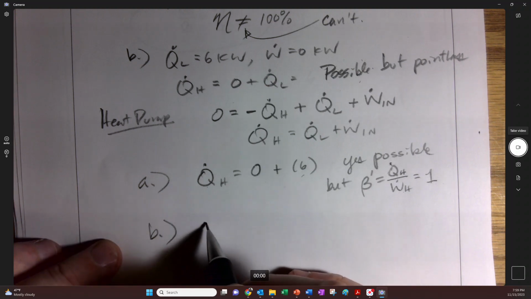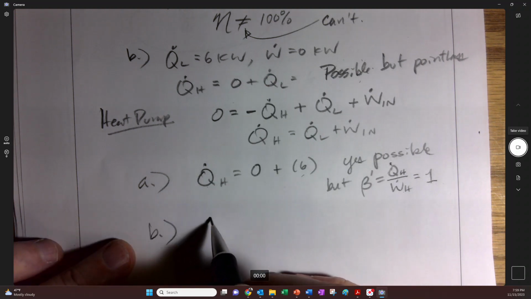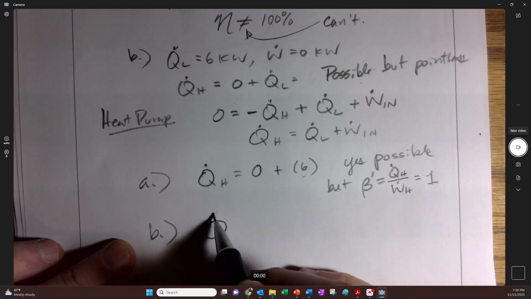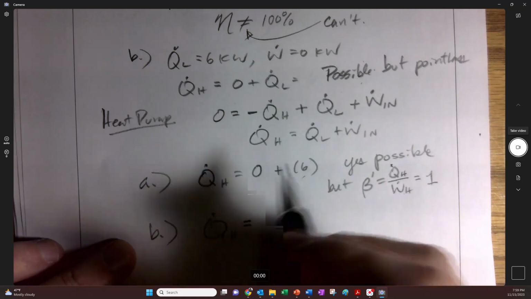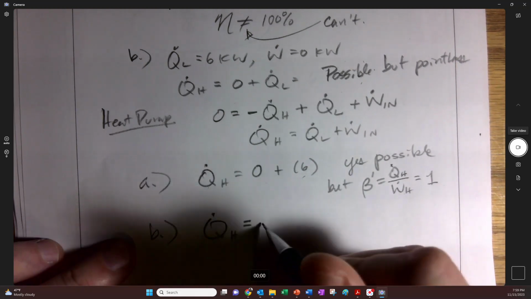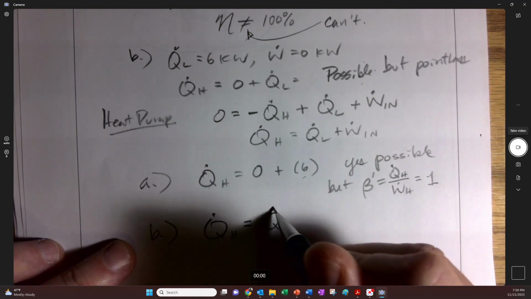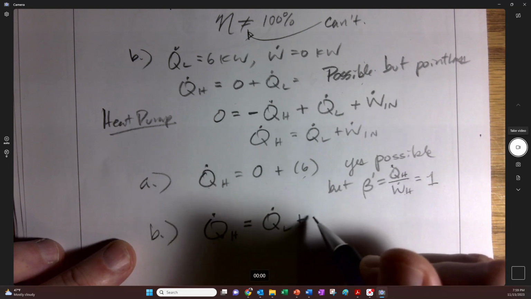And then the other condition right here, QH is going to be equal to, now this is 6, but this is going to be QL, and then plus 0.